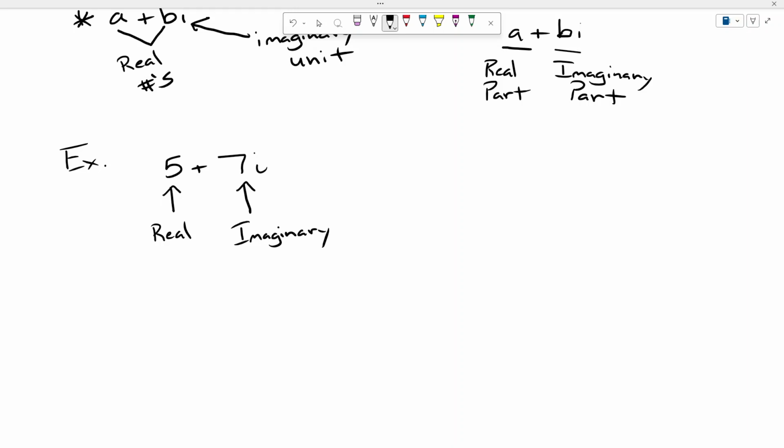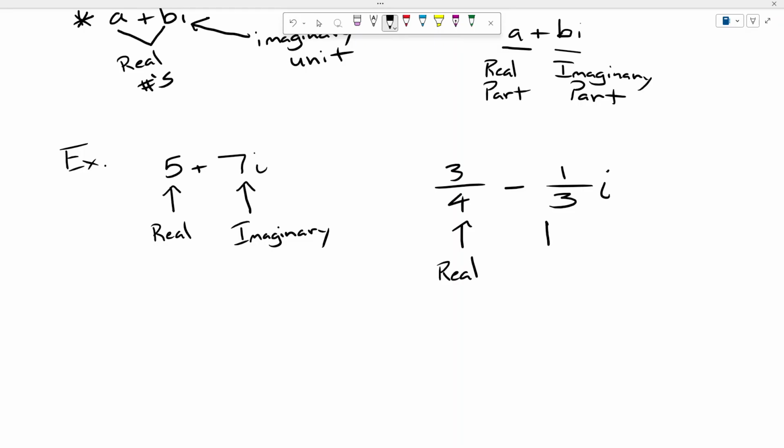And I'm going to do one more. If we had 3/4 and we were subtracting 1/3 i, it doesn't matter that we're using fractions, they're still real numbers. That's all that matters. a and b are real numbers. So in this case, 3/4 is the real part.